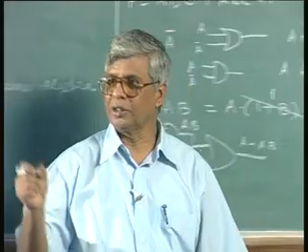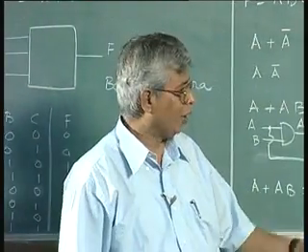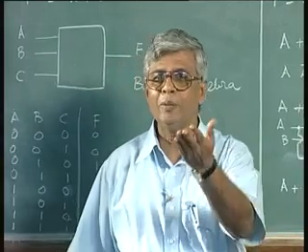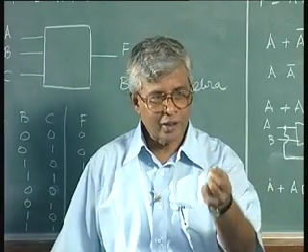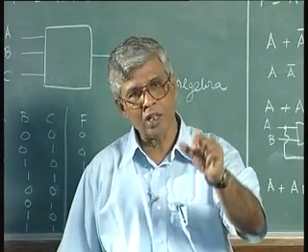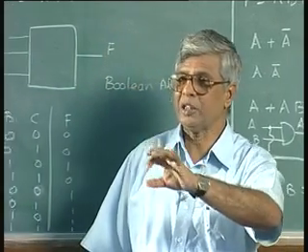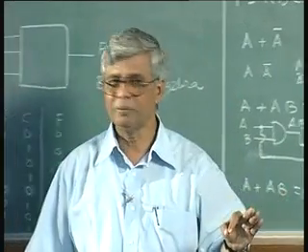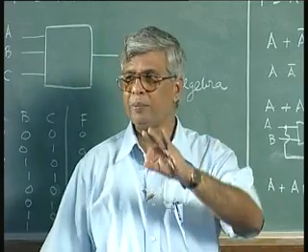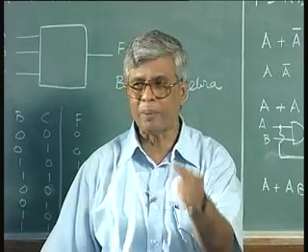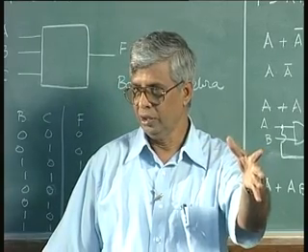Why am I only choosing such of those things? Because every time we are knocking off a term. A simplification means reduction in the number of gates or reduction in the number of terms of a sum term, product term, because the final expression is a sum of product expression. In the sum of product expression, there are two ways of reducing the logic. One is to reduce the number of product terms.